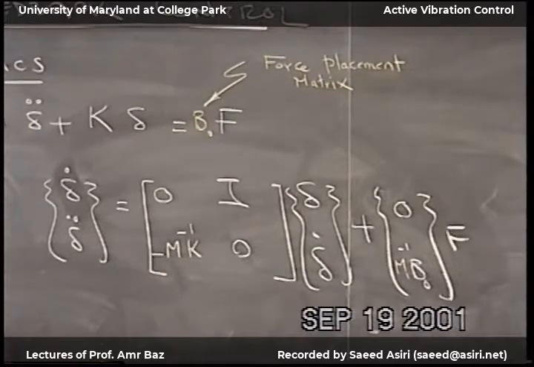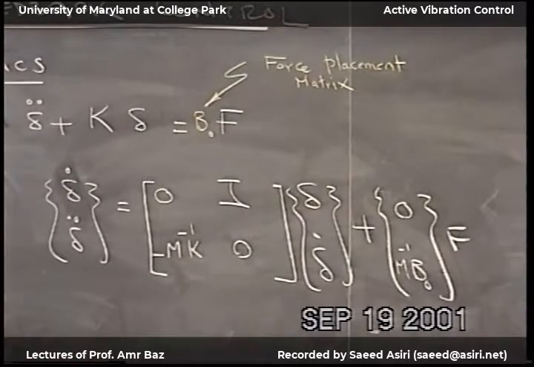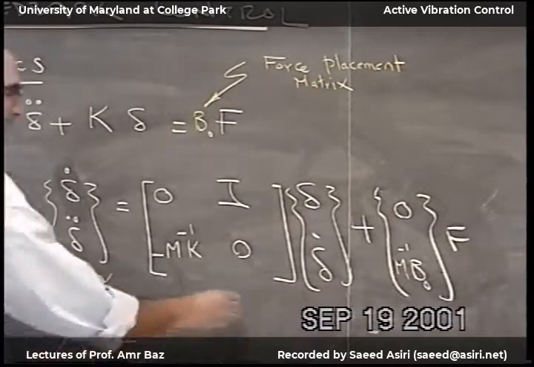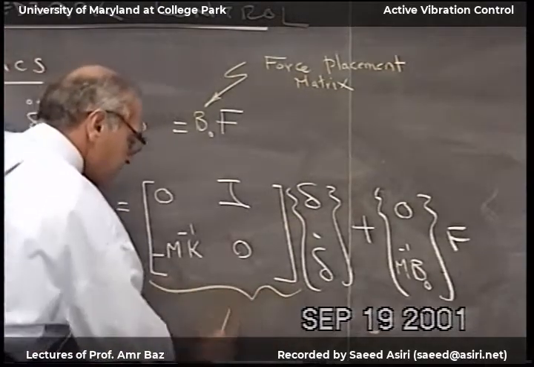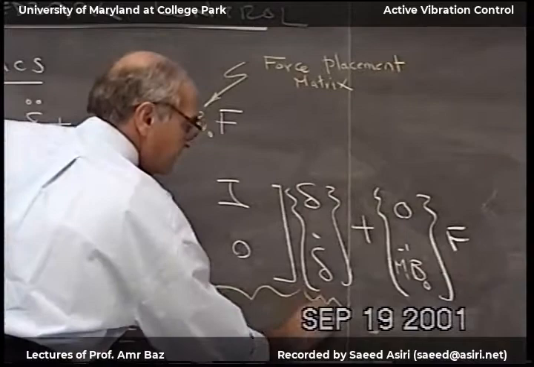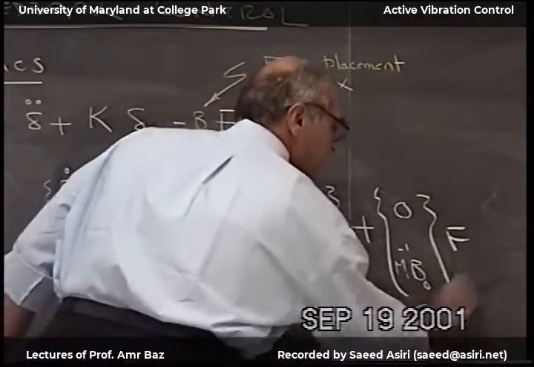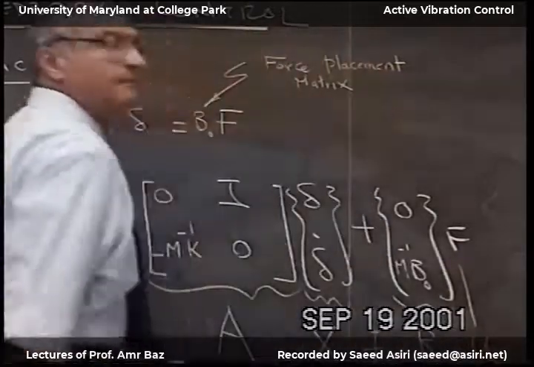Or I can combine all this and call this x dot, and this I call A. This is x. I call this B, and I'm going to call this U.